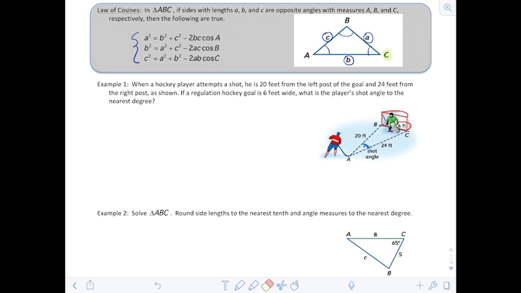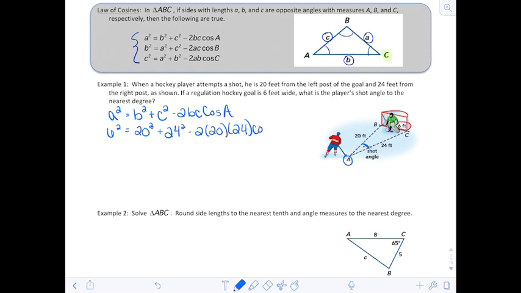So our angle that we want is angle A. So we're going to say that a squared, the side opposite, is equal to b squared plus c squared minus 2 times b times c times the cosine of angle A. So if we plug that in, we would have 6 squared equal to 20 squared plus 24 squared minus 2 times 20 times 24 times the cosine of angle A, and that's what we're solving for.